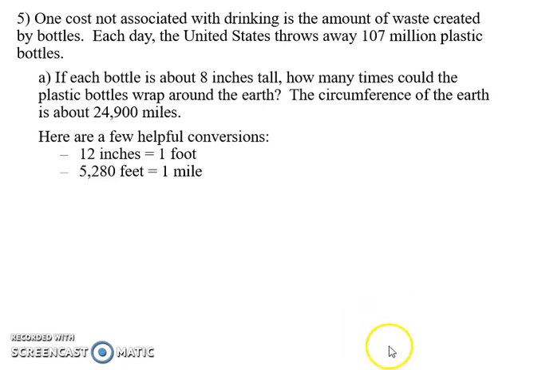So a bottle is about 8 inches tall, so we either need to convert everything to miles or convert everything to inches and go from there.